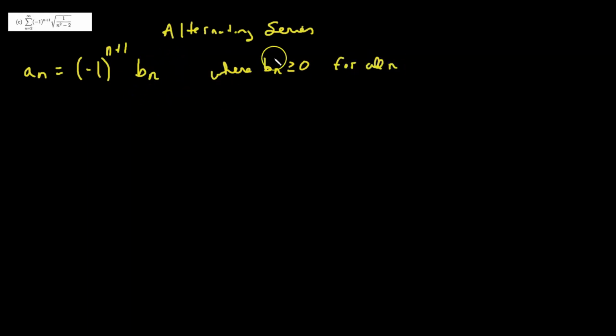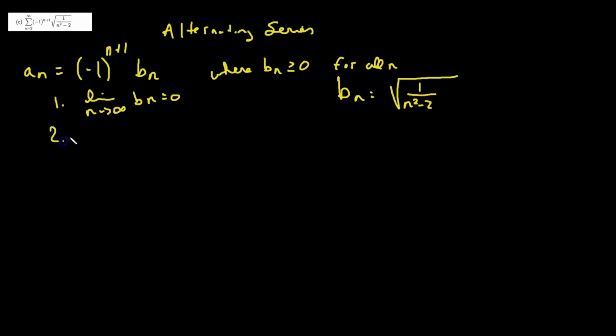There are conditions to determine whether it's convergent or divergent. We can tell if an alternating series is converging if the limit as n approaches infinity of b n is equal to 0. b n in this case would be the root of 1 over n squared minus 2. And the second condition is that b n is eventually a decreasing sequence.